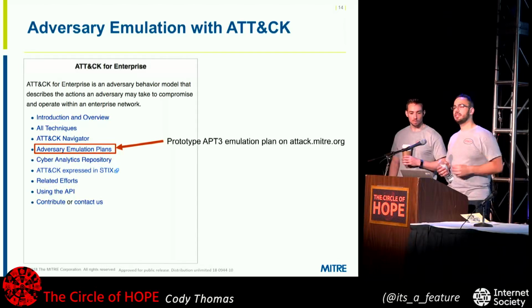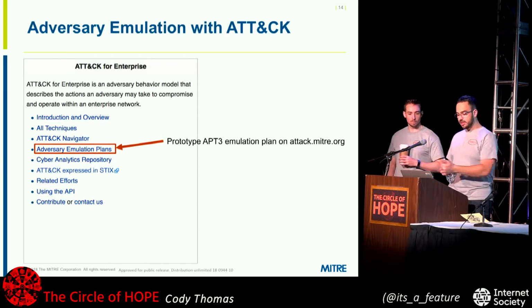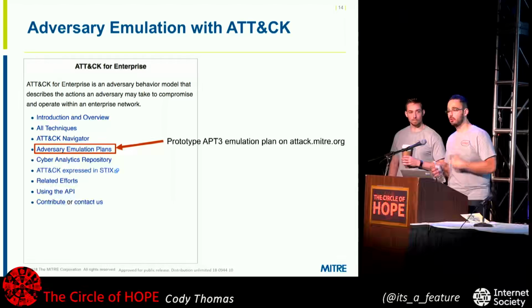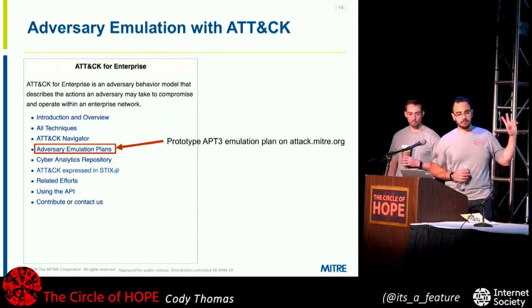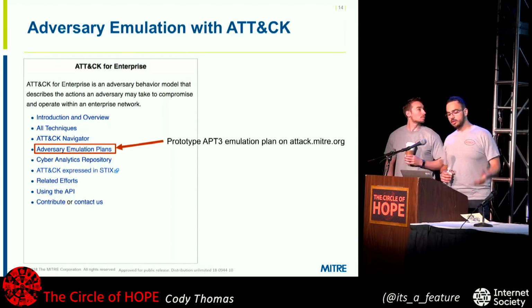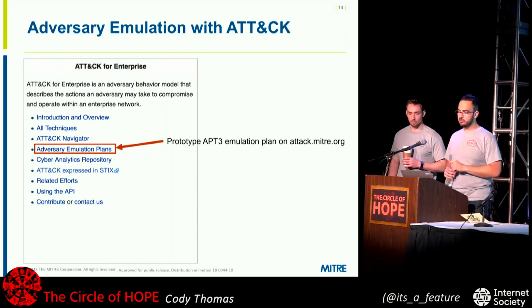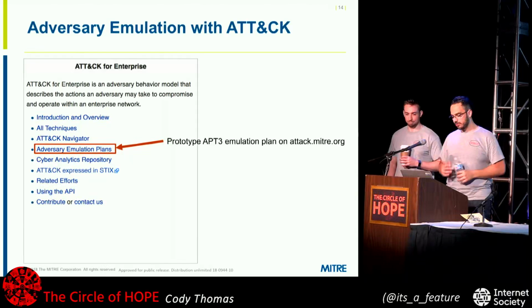We also present, in the emulation plan, different ways to emulate that with your own tooling, be it on the command line or open source tools. It's available on the ATT&CK website under adversary emulation plans, and that is what Cody will go into in more detail after I hand it over to him.